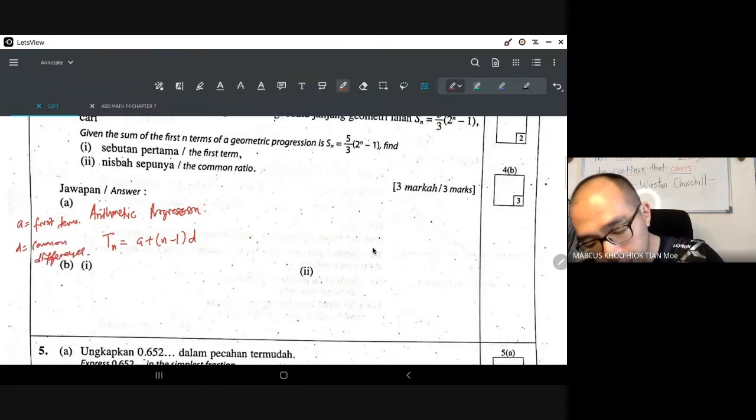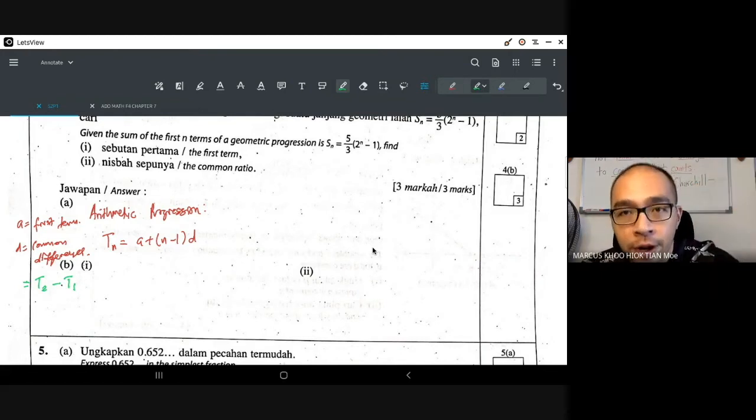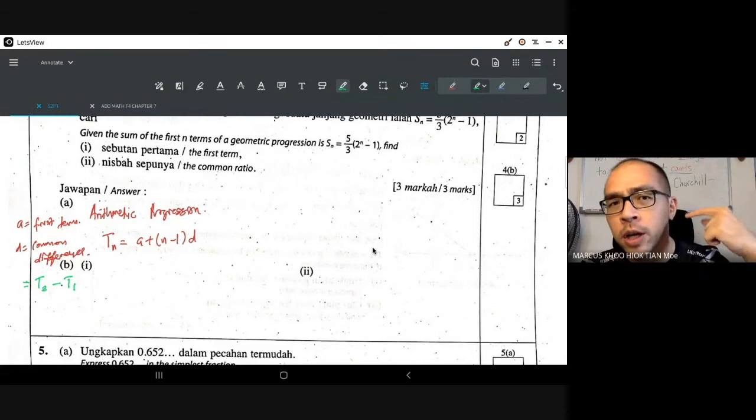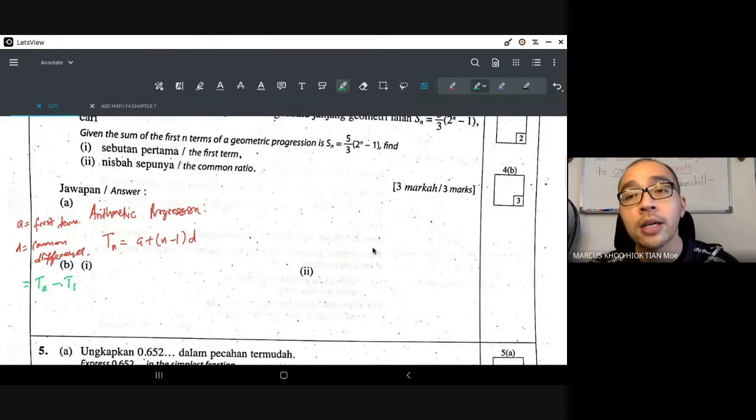The d is very closely associated with the second term minus the first term. What makes the d different for arithmetic progression compared to the geometric progression? It is the number in front minus the number behind. Not necessarily the second number minus the first number, but as long as nombor yang di depan tolak dengan nombor yang di belakang, that is the d.